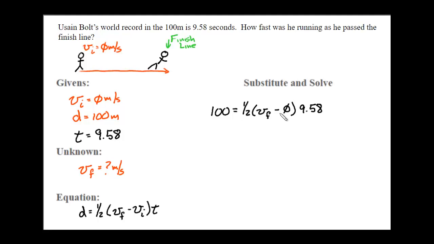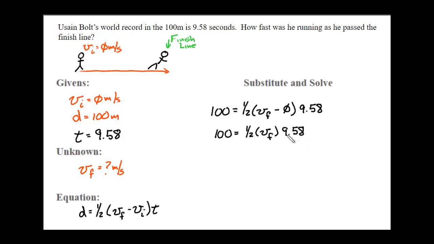Okay, if I want to simplify what's inside of the parentheses, I can go 100 equals 1/2, and in this case it's just velocity final, times 9.58. Now there's two ways I could do this.